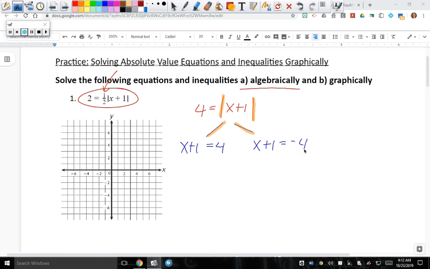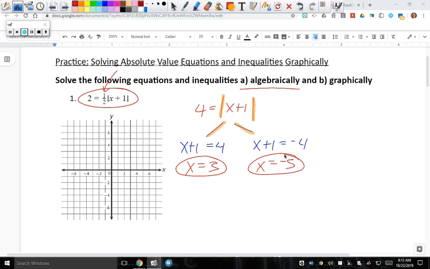Perfect. Brianna, from here, what should I do? Yeah, let's do the left one first. You subtract the 1. Perfect, and you get 3, and then you subtract the 1 and then you get -5. Perfect.